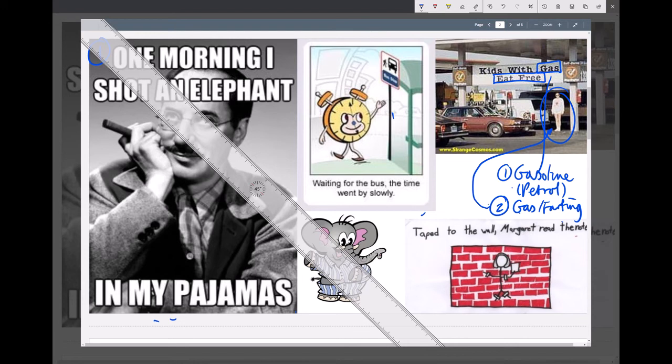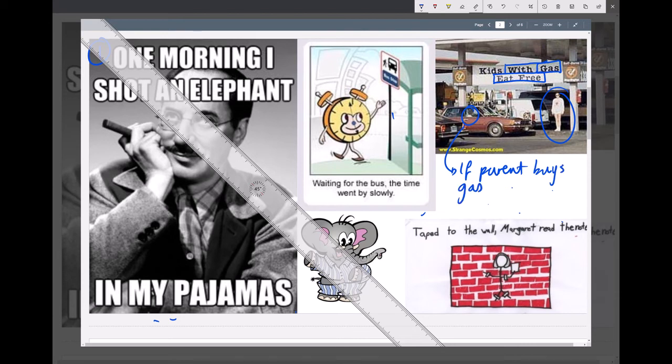However, this one is probably saying if the parent buys gas from the store, then that's gasoline. Parents buy gas in the store, their kids eat for free.